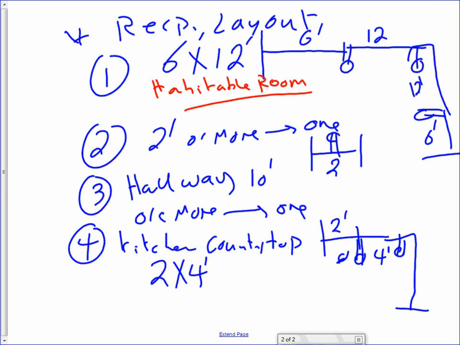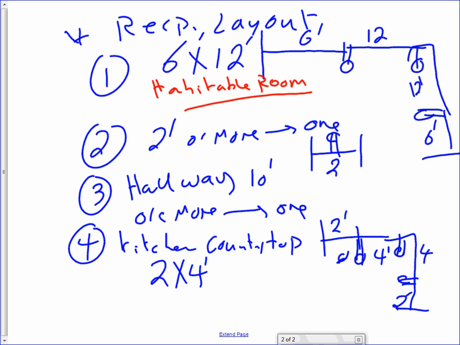Then you measure from here to here, 4 feet, and from here to here, 2 feet. You're measuring along the perimeter of the countertop. Done. How rocket science is that one? They're gonna pay you to do that. Believe it? Am I the only one who's excited today or what?